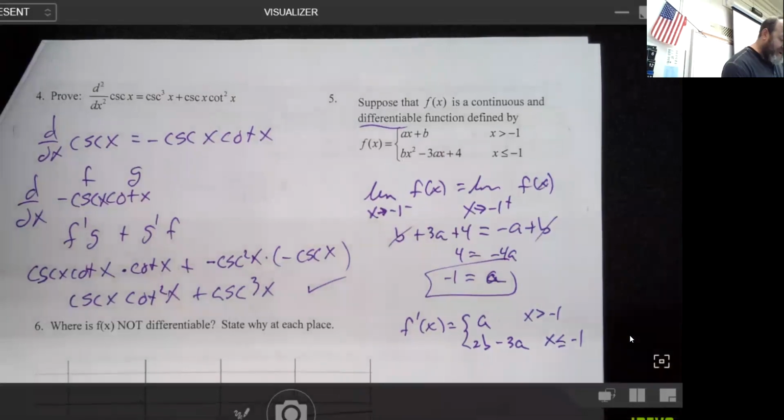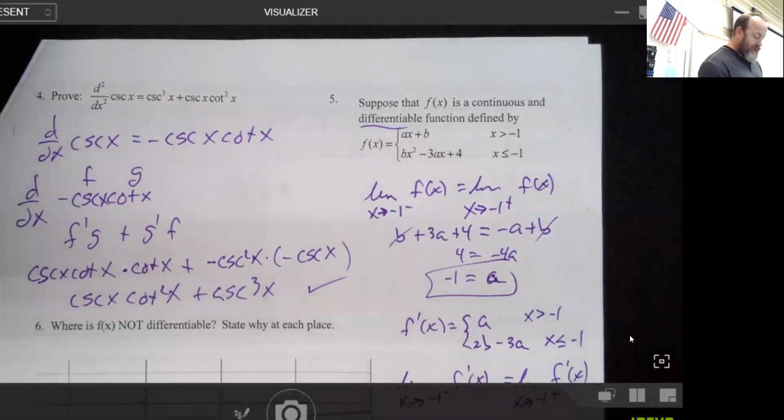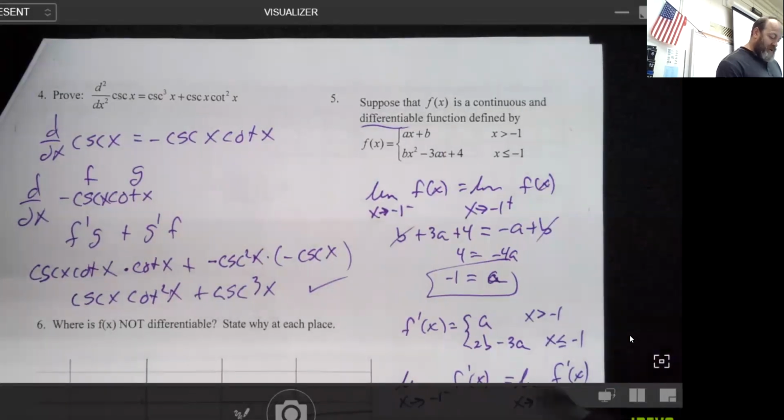So again, if I take the limit as x approaches -1 on f prime, it should be the same as f prime at -1, whether it's from the left side or the right side. As I approach from the lower side and get really close to -1, I just have 2bx minus 3a.